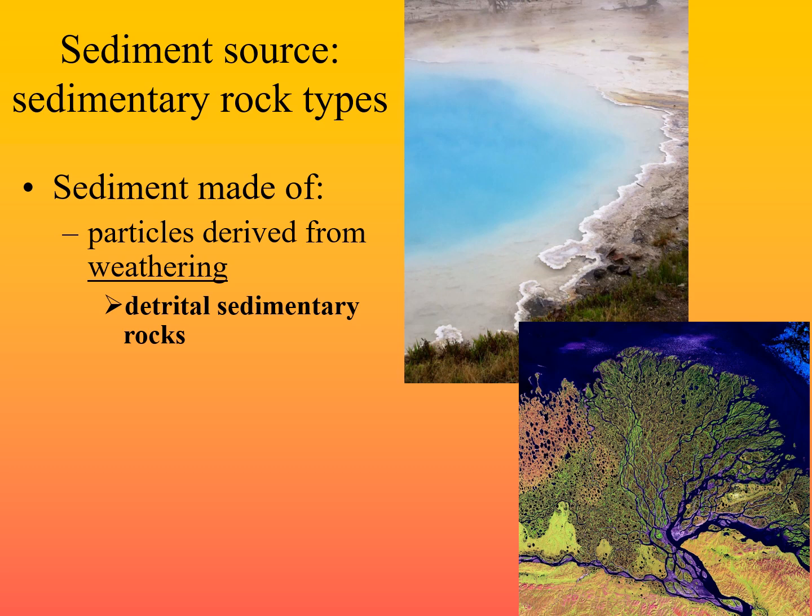And as it moves through a river system, any kind of a water system, or it might be blown around by air, anything that pushes these rocks around and causes them to collide together and break down into smaller parts, we call that detrital sedimentary rocks.